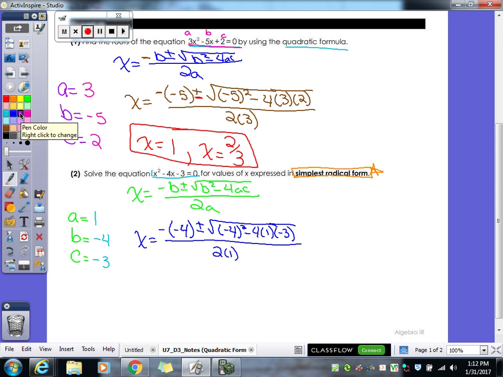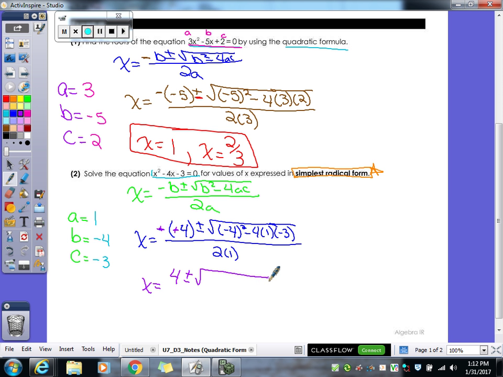So again, as I said, we have to do this one a little bit differently because of the direction simplest radical form. So what happens when I have a negative, negative 4? Turns into a positive. So I have just a positive 4 out front, and then I got my plus or minus.